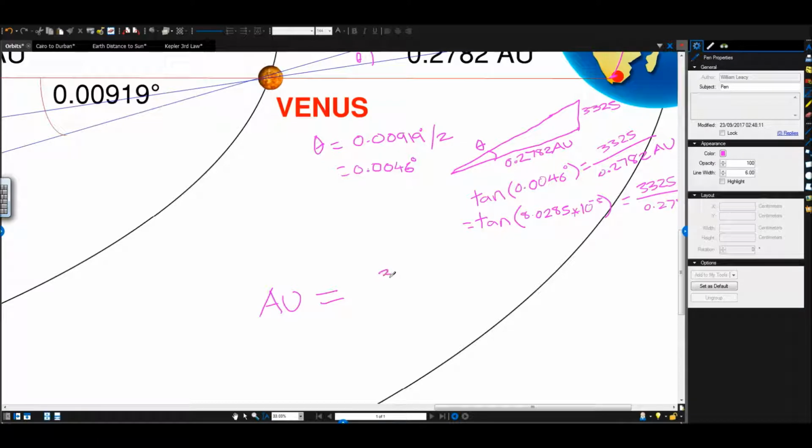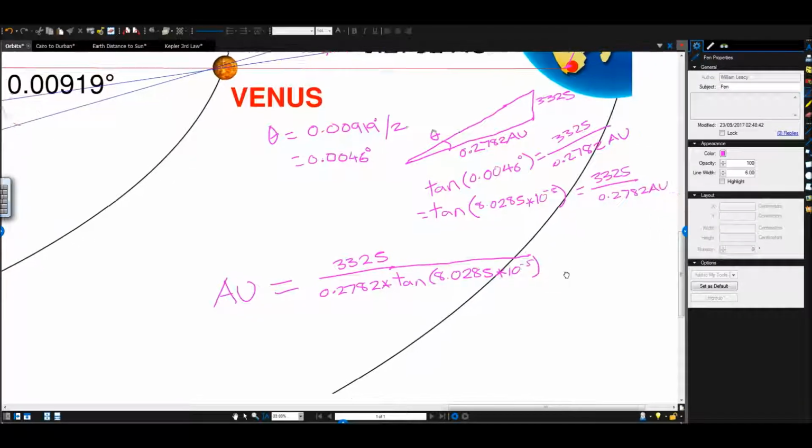It equals 3325 over 0.2782 times tan of 8.0285 times 10 to the minus 5. So I just rearranged this formula.